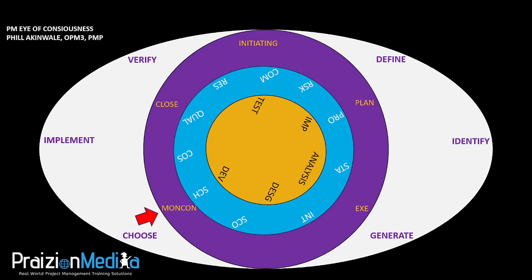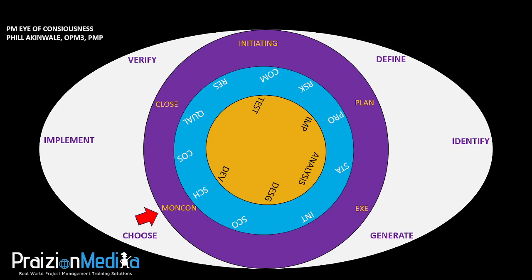So there's an alignment of doing on the product life cycle, scheduling in the knowledge areas, and monitoring and controlling in the grand scheme of things. Now, we could go a step further, and that step is to understand what the problem is. So we define the problem.